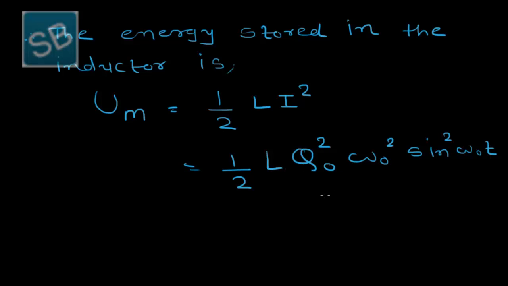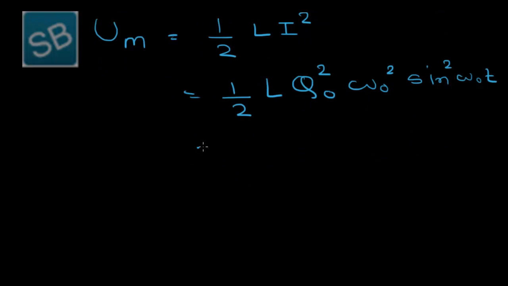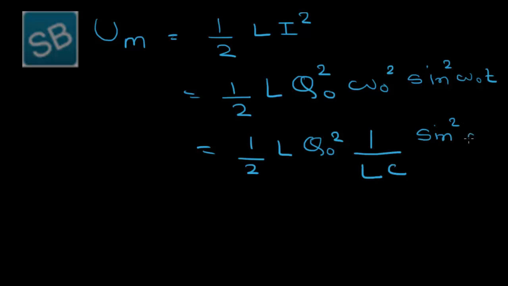But we know the value of omega 0, that is 1 over under root LC, and its square is 1 over LC. So 1 by 2L Q0 square. Instead of omega 0 square, I am writing 1 over LC into sine square omega 0 t. So L is cancelled out.